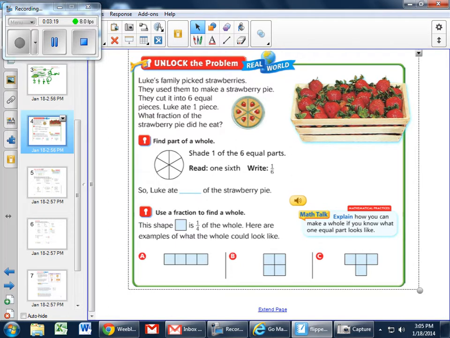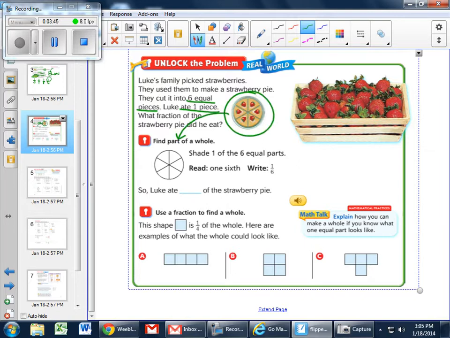Luke's family picked strawberries. I told you we were going to be talking about food like no tomorrow in this chapter. They used them to make a strawberry pie. They cut it into 6 equal pieces. Luke ate 1 piece, so 1 piece is going to be gone. What fraction of the strawberry pie did he eat? Here's your pie.